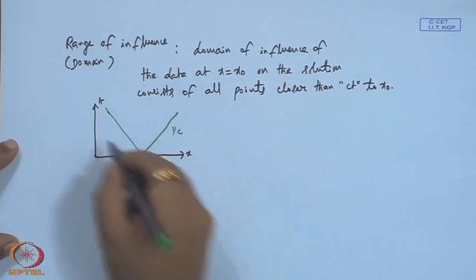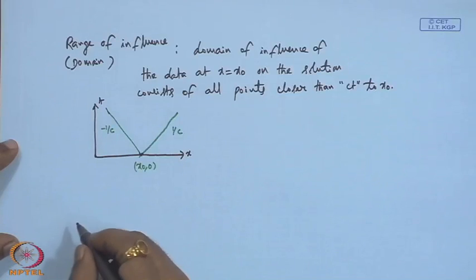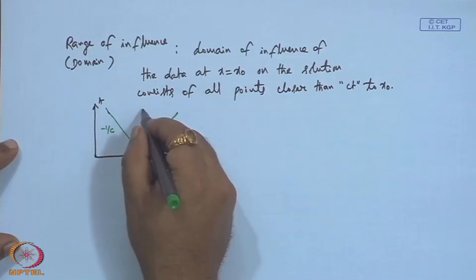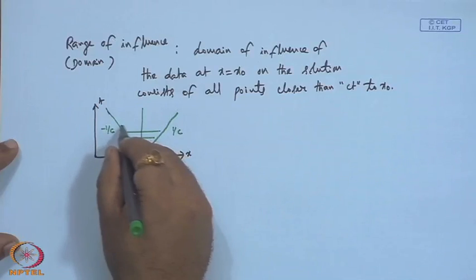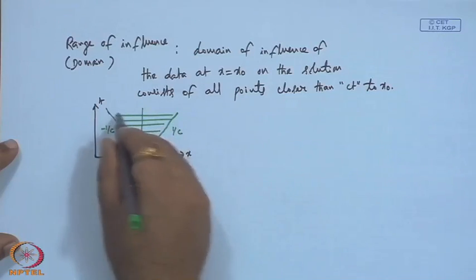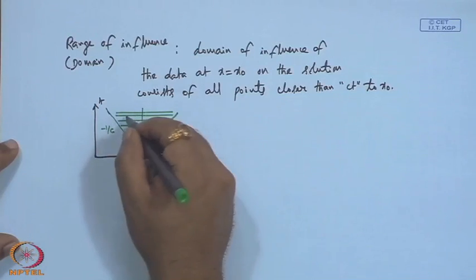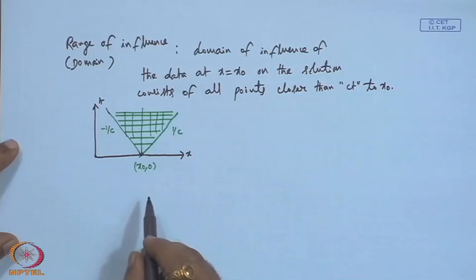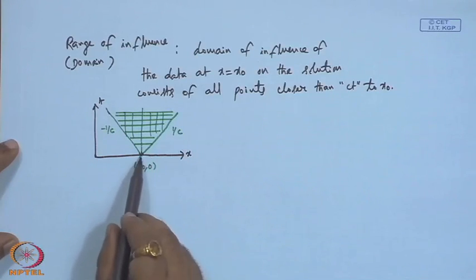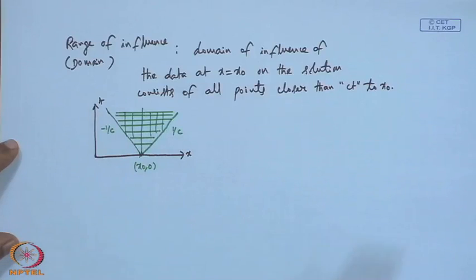These are the corresponding slopes. So, this is the domain of influence of x naught on the solution.